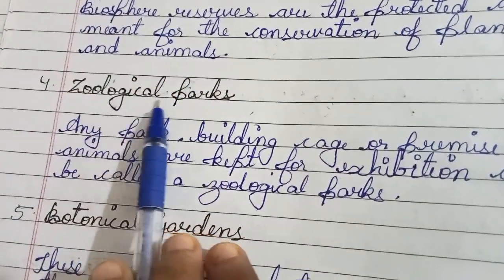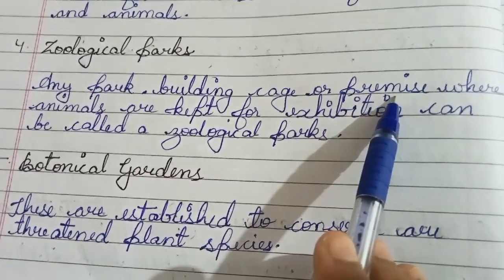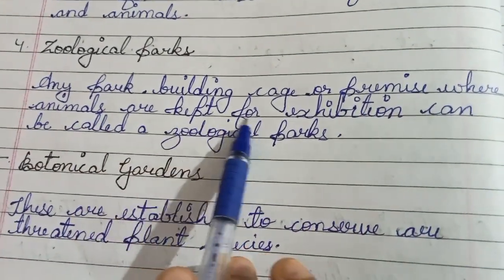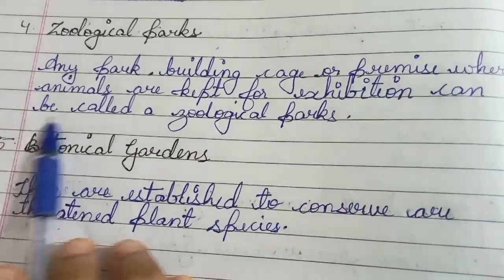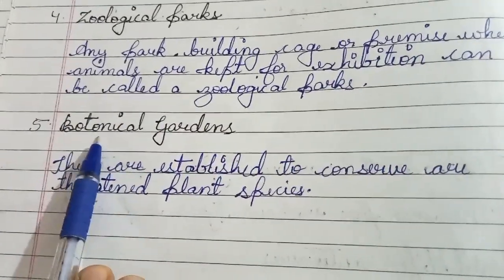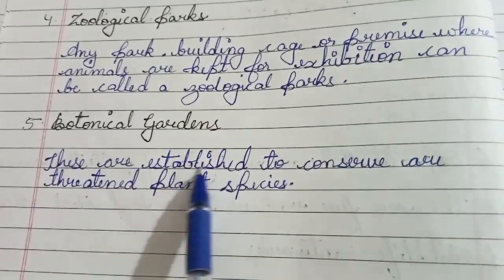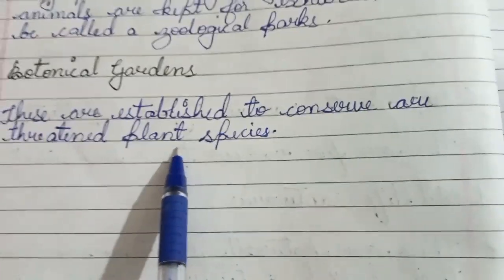Fourth, zoological parks. Any park, building, cage or premise where animals are kept for exhibition can be called zoological parks. Fifth, botanical gardens. These are established to conserve rare or threatened plant species.